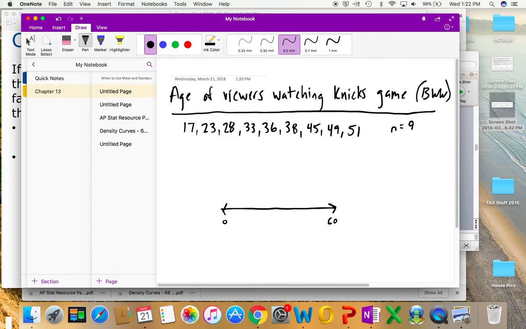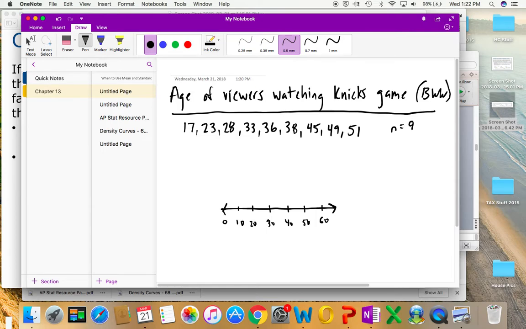So this will be 10, this will be 20, this will be 30, 40, 50, and that is 60. I'll put all the different labels in here. So this is 0 to 10, 10 to 20, 20 to 30, 30 to 40, 40 to 50, and then this bar would be 50 to 60.